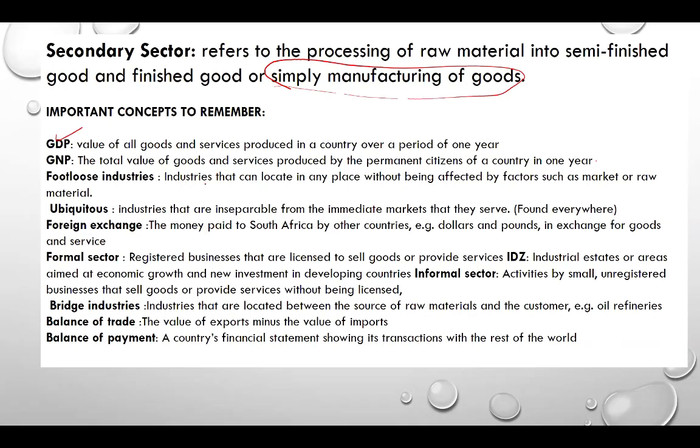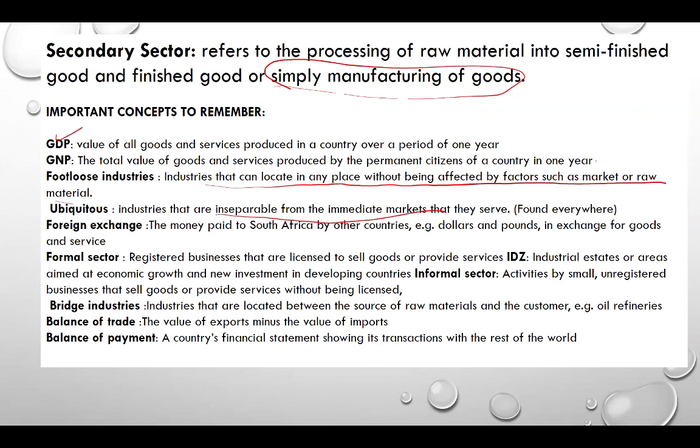These are the industries that can locate in any place without being affected by factors such as raw material, and ubiquitous industries that are inseparable from the immediate market. So the difference between your footloose and your ubiquitous is that your ubiquitous cannot be separated from your immediate market. But footloose, they are not influenced by either the raw material nor the market.